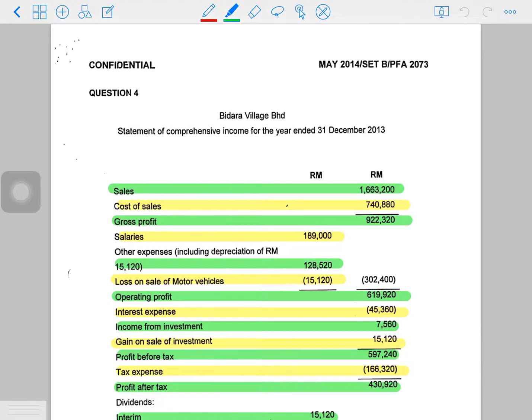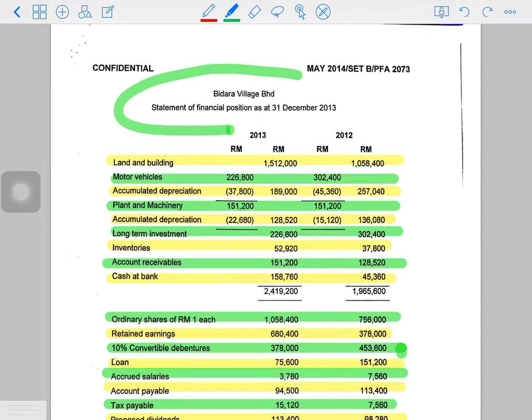Sometimes they only give you statement of financial position only, and then normally this type of question they also give you additional information to prepare, usually indirect method.